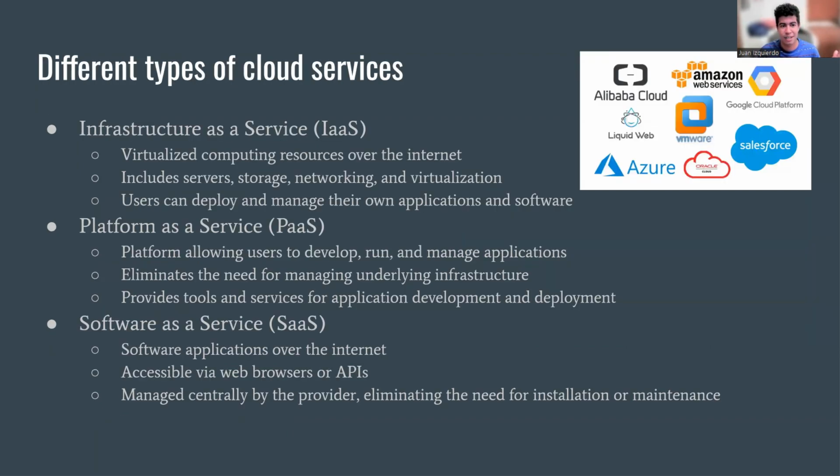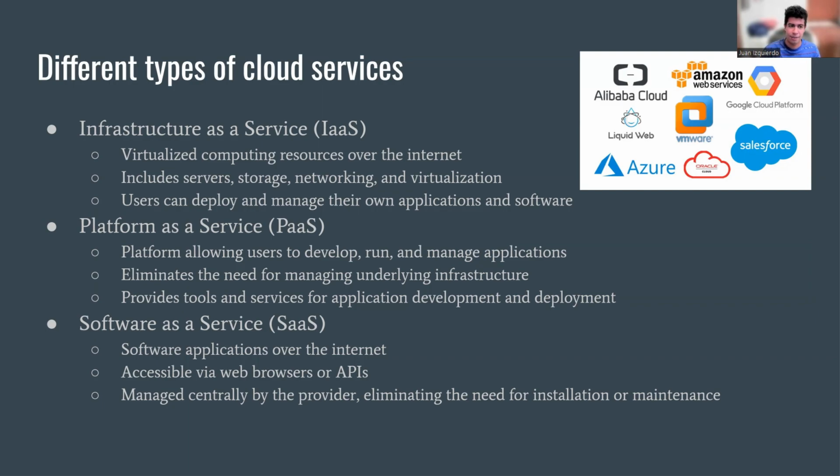So in terms of different types of cloud services, we have infrastructure as a service, IaaS, which can function as virtualized computing resources over the internet. And this can include servers, storage, networking, and virtualization machines, so virtual machines. And the good thing about it is that users can deploy and manage their own applications and software.